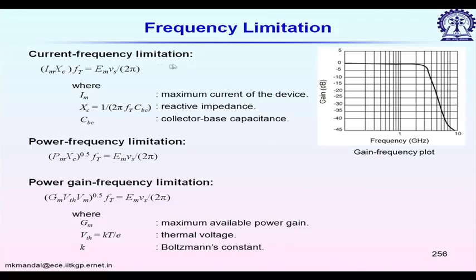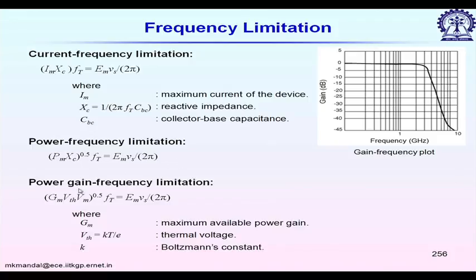The current frequency limitation: Im times Xc multiplied by Ft equals Em Vs by 2 pi, where Im is the maximum current of the device and Xc is the reactive impedance of the device. It depends on Ft and mainly on the collector junction capacitance. Then the power frequency limitation: square root of Pm times Xc multiplied by Ft equals Em Vs by 2 pi.